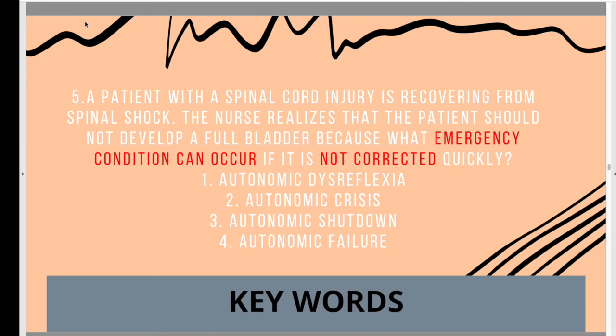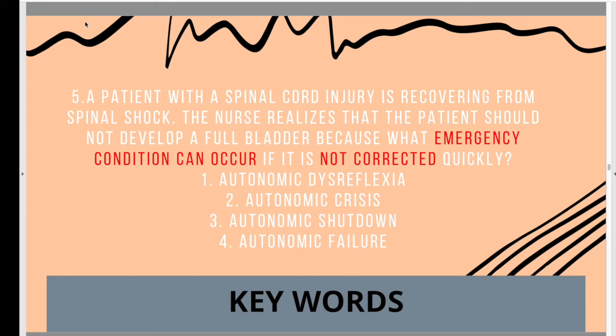So for autonomic dysreflexia, for me this is the answer. Earlier this is already my question about autonomic dysreflexia. Number 2, autonomic crisis, autonomic shutdown, and autonomic failure are not terms used to describe common complications of spinal injury associated with bladder distension.